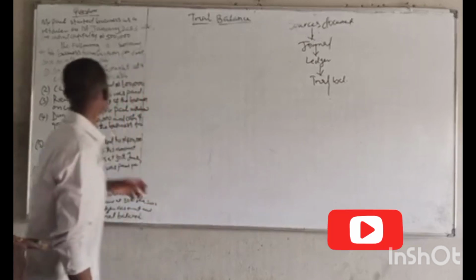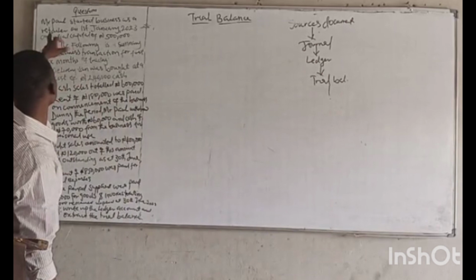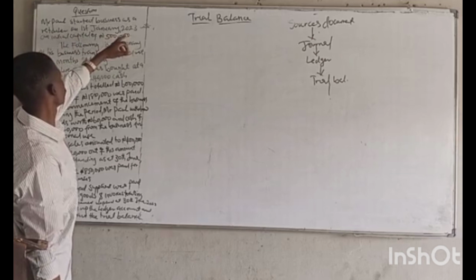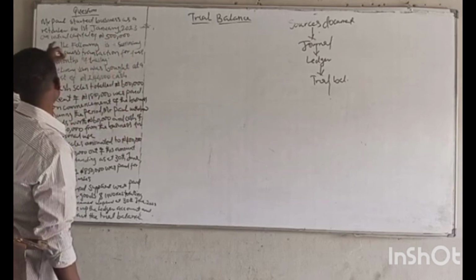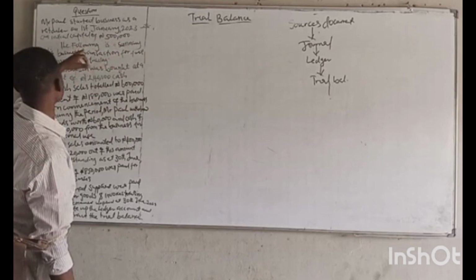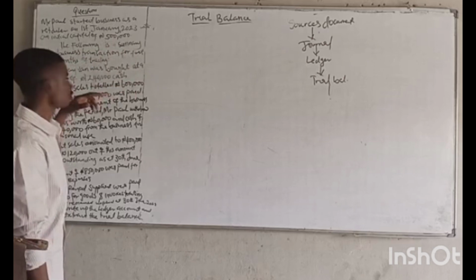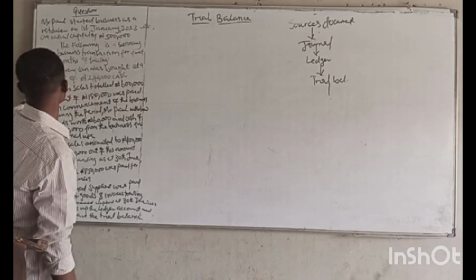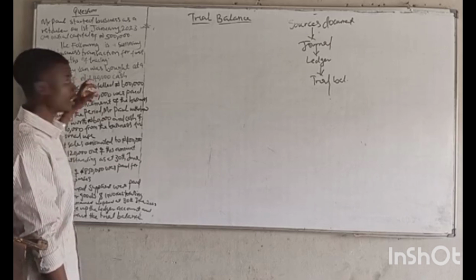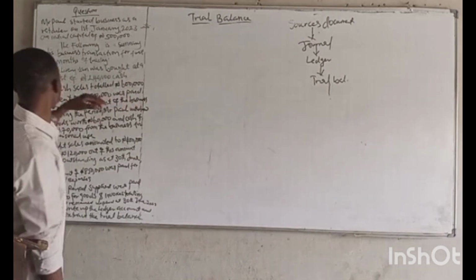So now, assuming we have the following transaction. The question said Mr. Paul started business as a retailer on 1st January 2023 with an initial capital of 500,000 naira. The following is a summary of his business transactions for the first 6 months. Number one, delivery van was bought at a cost of 240,000 naira cash.